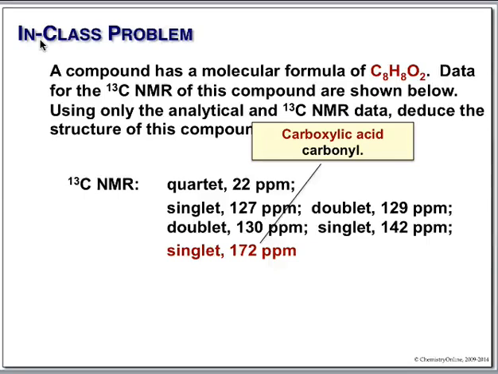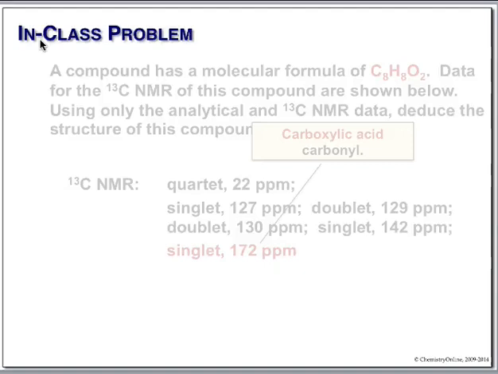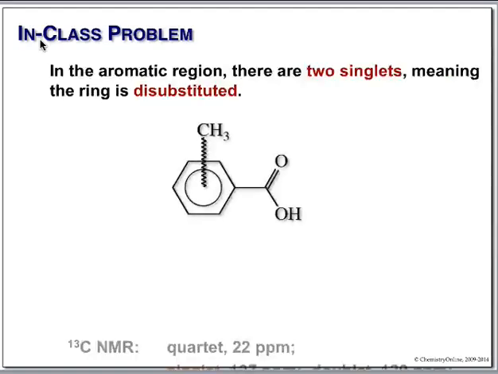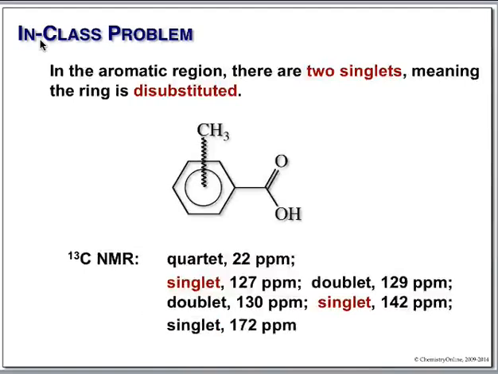We have 2 singlets in our benzene region, don't we? Because we have 2 singlets, that means we have 2 things attached to our ring. So, carboxylic acid must be one of them, and the methyl group must be the other.